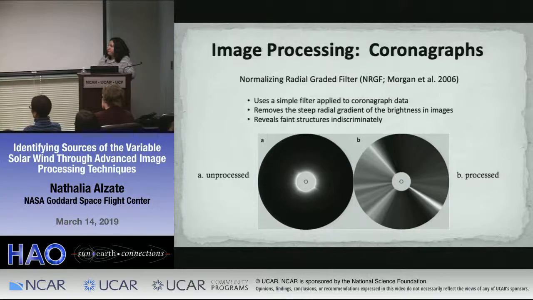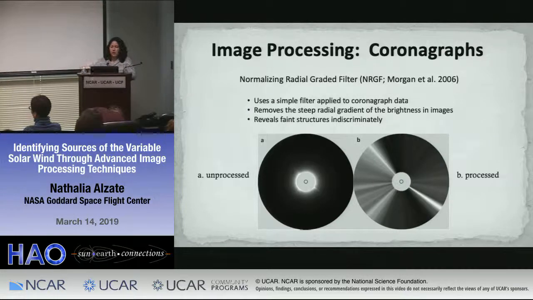Okay, so in terms of the image processing, we look mostly at coronagraph and EUV data sets. For coronagraphs, Huw Morgan developed the normalizing radial graded filter, or NRGF, which you may have heard about or have used.